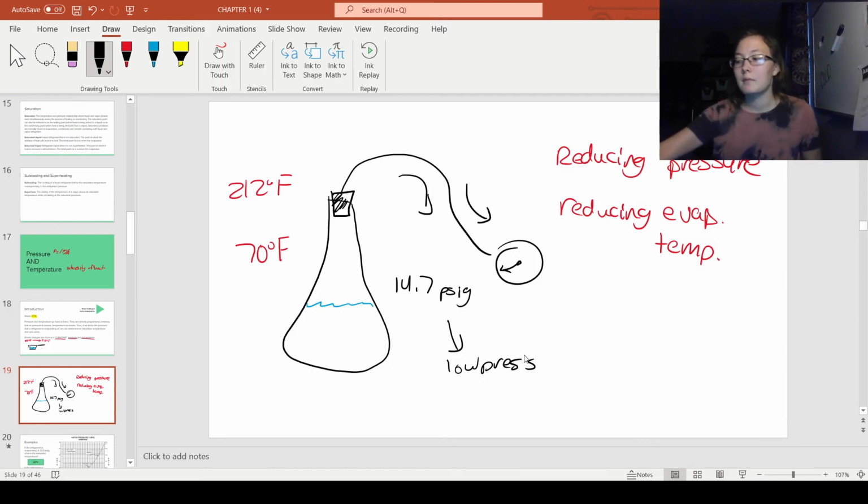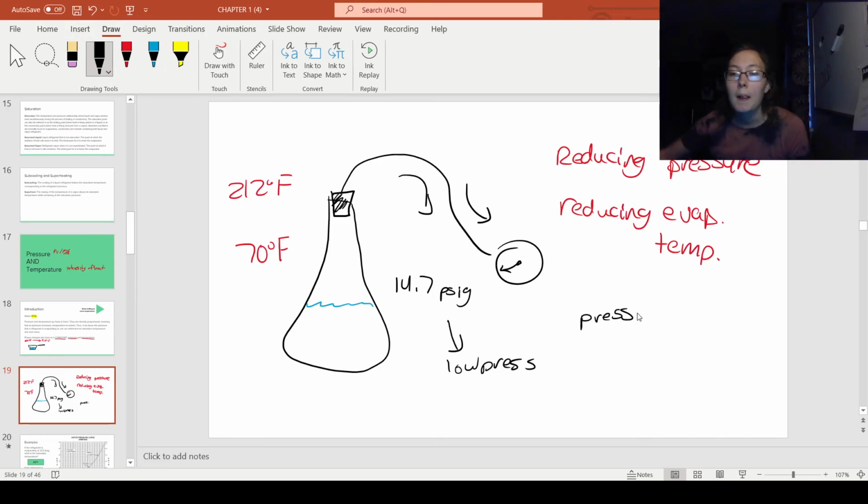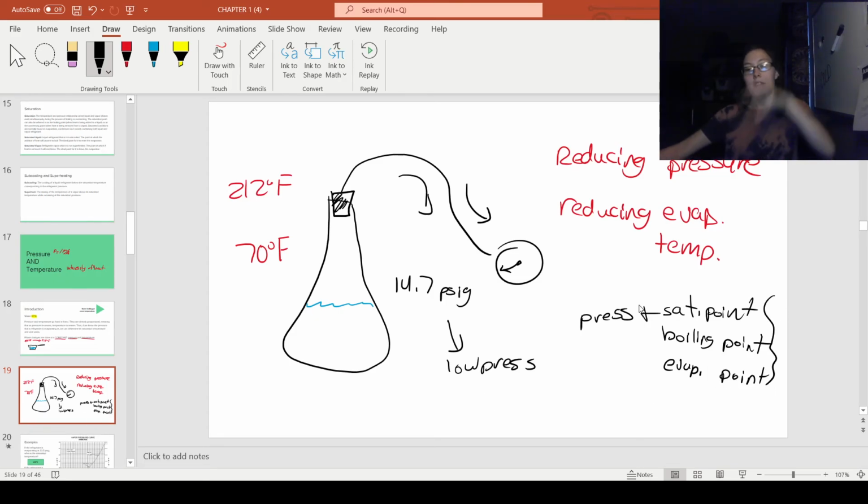This is a really, really important concept, that pressure and saturation point, boiling point, evaporating point, all the same thing, go hand in hand. And that by controlling the pressure of a liquid, you can control its boiling point.